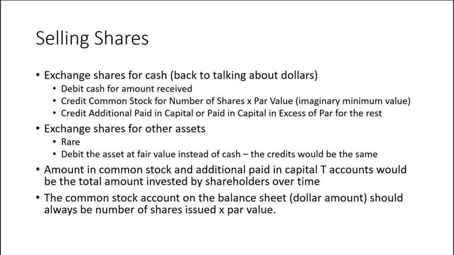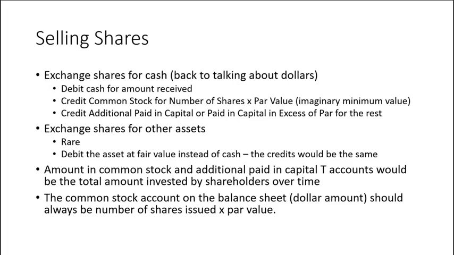We credit additional paid-in capital, or paid-in capital in excess of par. There are a couple of different terms for the rest. So remember, your debits have to equal your credits. So the cash has to equal the amount of common stock and the additional paid-in capital to the credit.